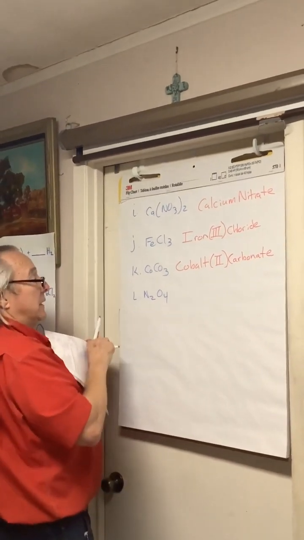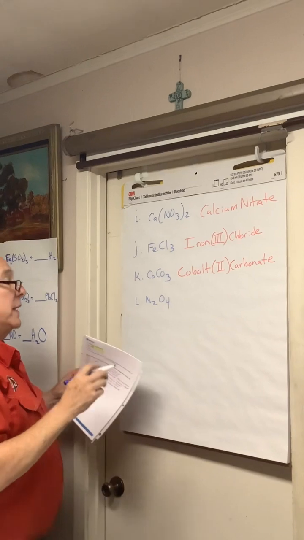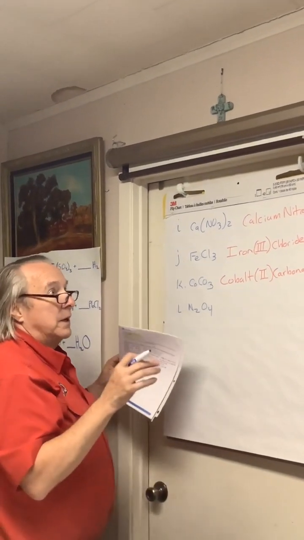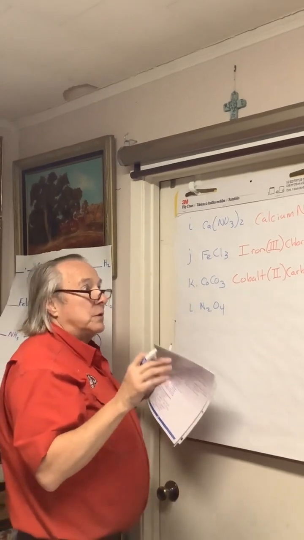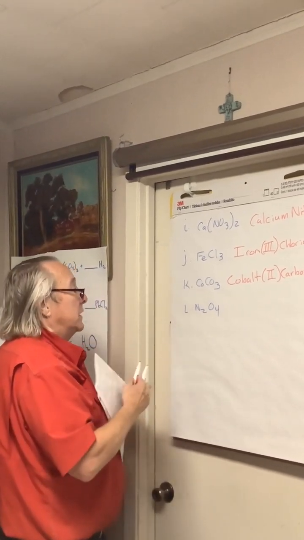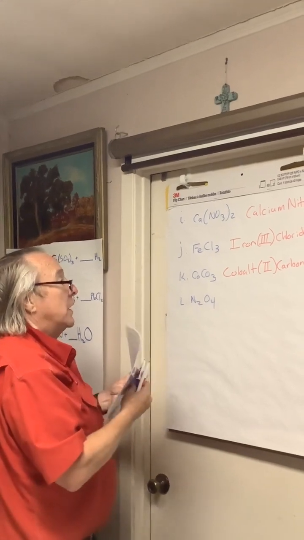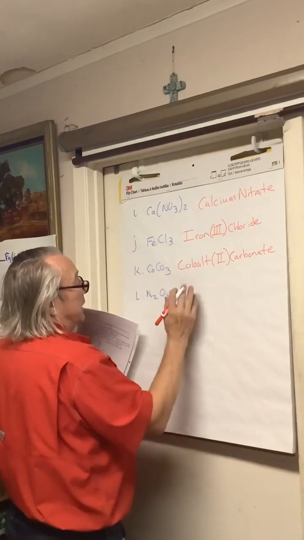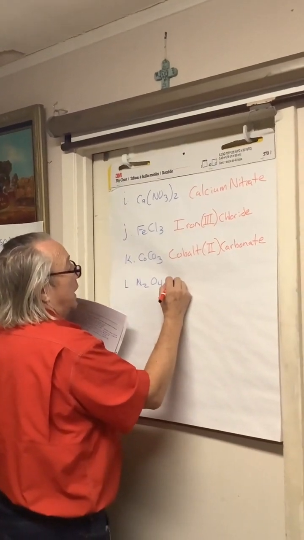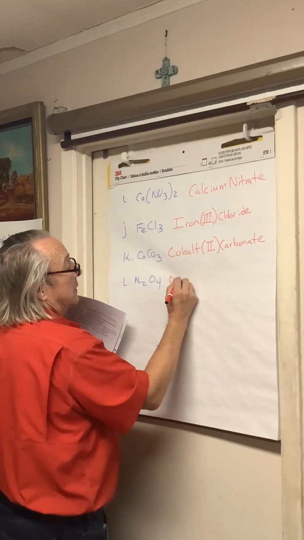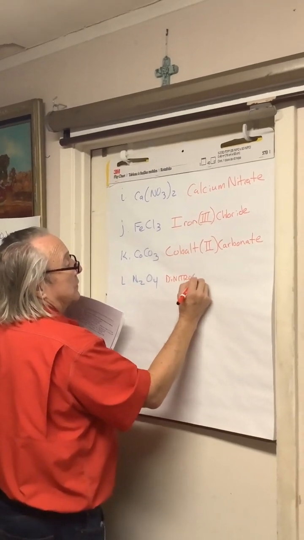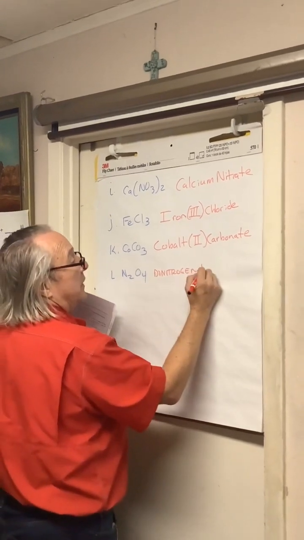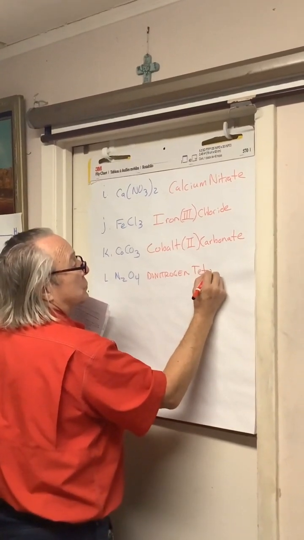And finally, this is a tough one in the sense that, boy, the oxides of nitrogen, NO2, NO, N2O2, the nitrous oxides and everything are very complicated. The formal name for this one is, a lot of people just say nitrogen oxide, but it's dinitrogen tetroxide.